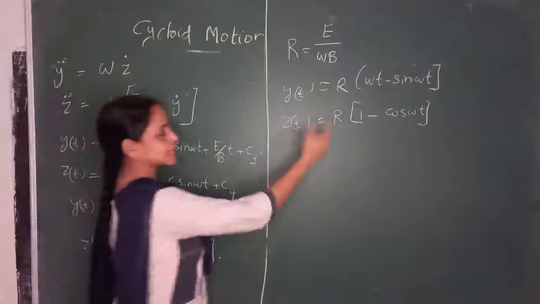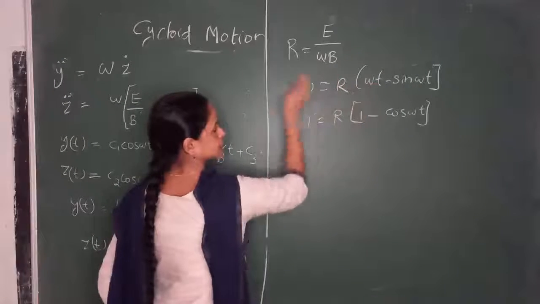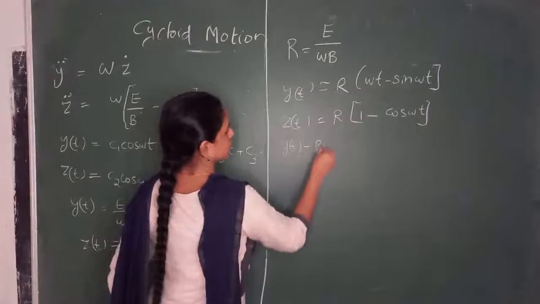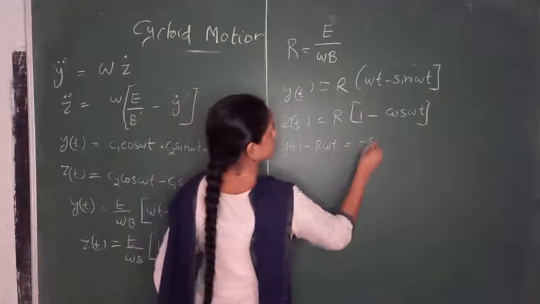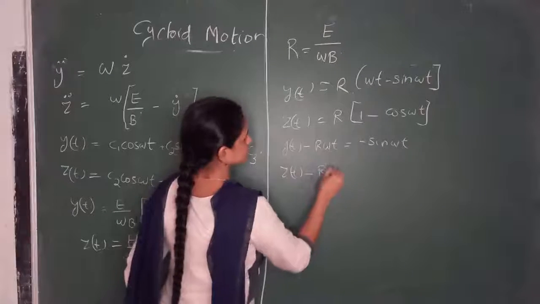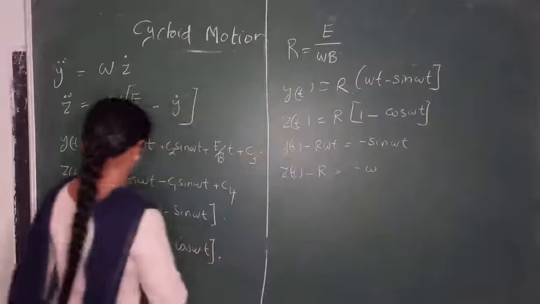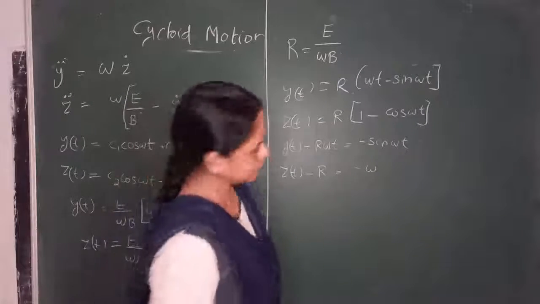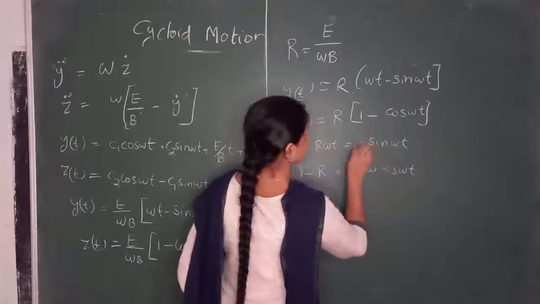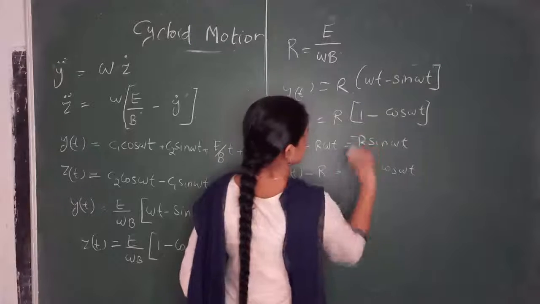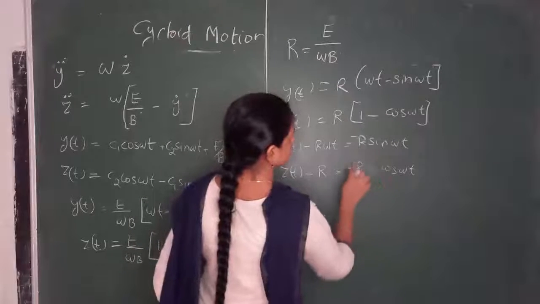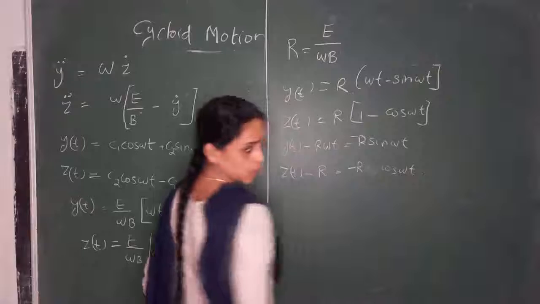Then you can rearrange the equation, taking this r omega t on this side, and then you will get y(t) minus r omega t equal to minus r sin omega t, and z(t) minus r equal to minus r cos omega t.